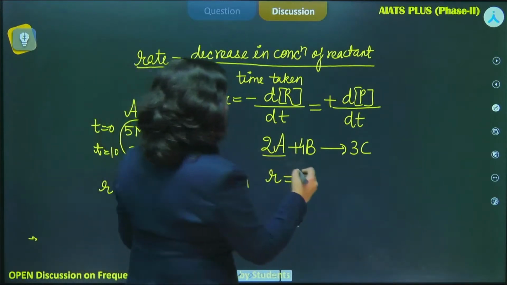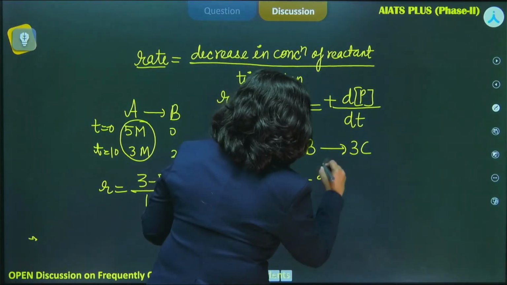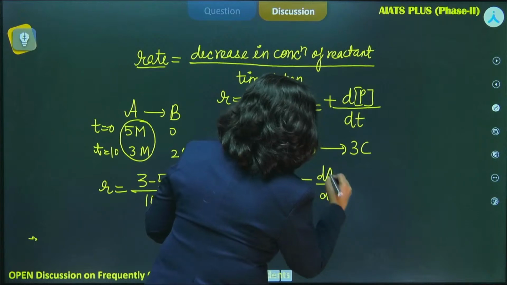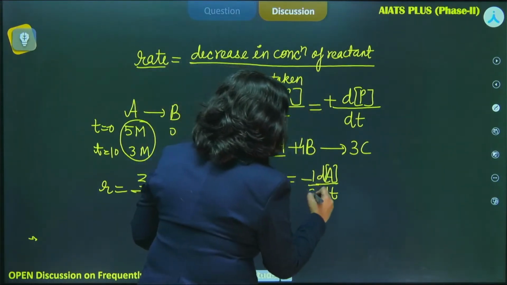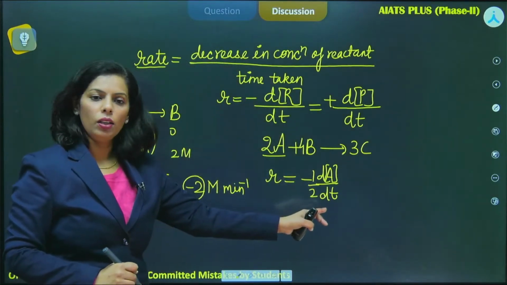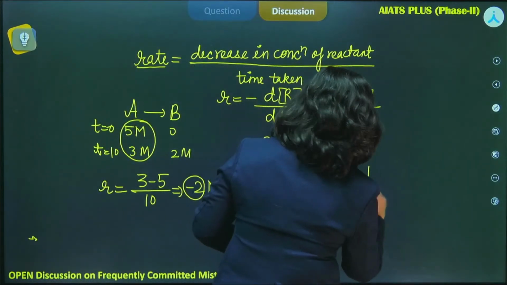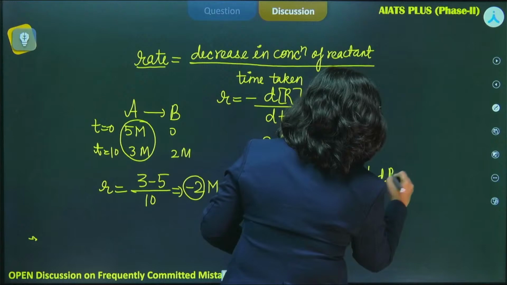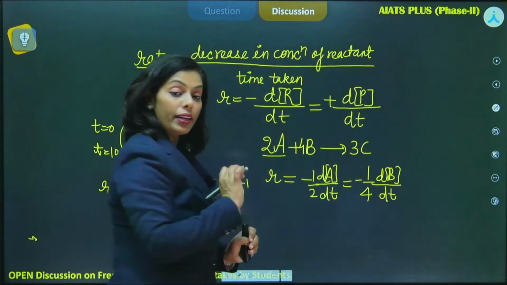So this time it would be represented as decreasing concentration of A by dt, and same ways 2 moles are there, so we just divide it by the stoichiometric coefficient. So minus 1 by 2 dA by dt, okay. Now further, minus 1 by 4 dB by dt, and this minus is for the reactant only.